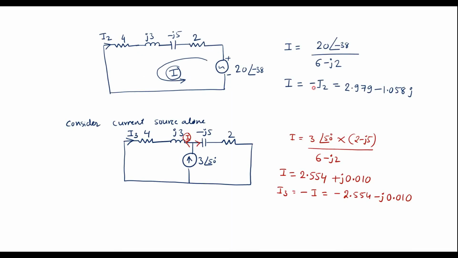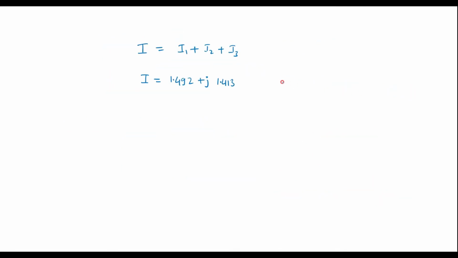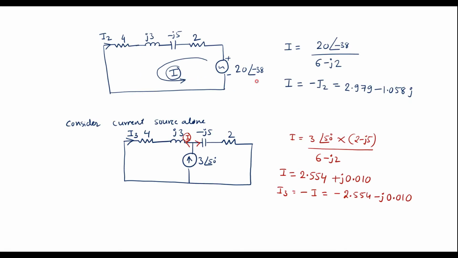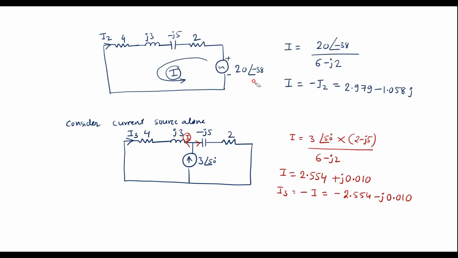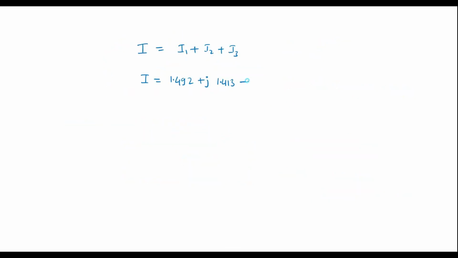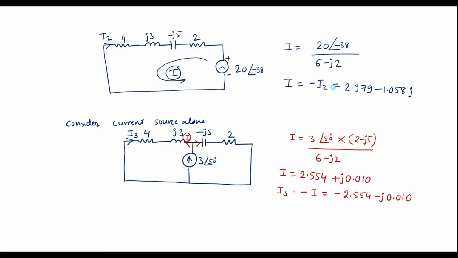Next, I2 is nothing but minus I2, its value is minus 2.979 plus J 1.058.